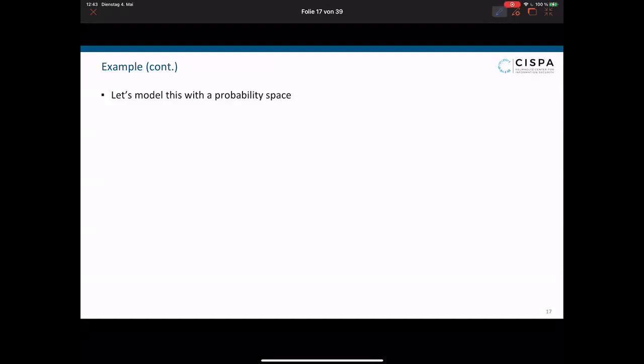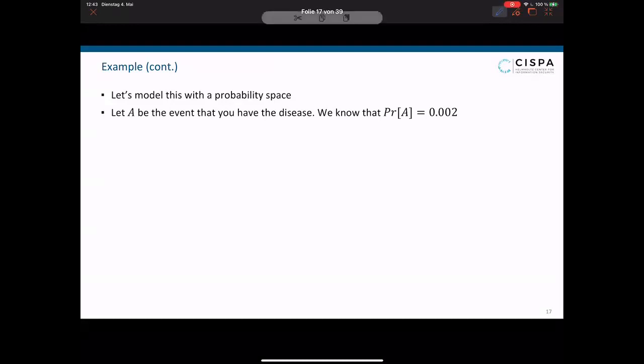Okay, what we're gonna do next is we model this scenario with a probability space. And we will see that we just have to define this probability space implicitly. And how do we define it? Well, we can draw our space.